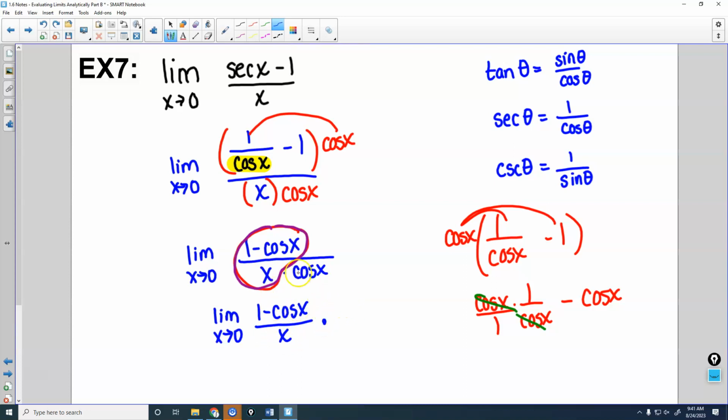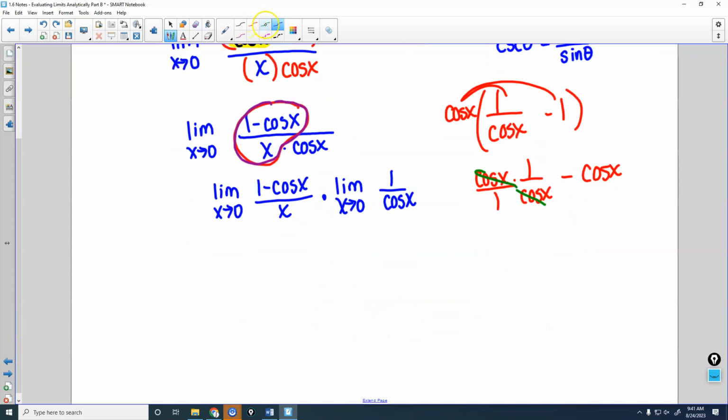That's going to be the limit of 1 minus cosine x over x times the limit as x approaches 0 of 1 over cosine x. So all of this stuff was the special limit that we're going to memorize, and they told us it was 0. This did a poor job of proving us anything about that, but we're taking their word for it right now.